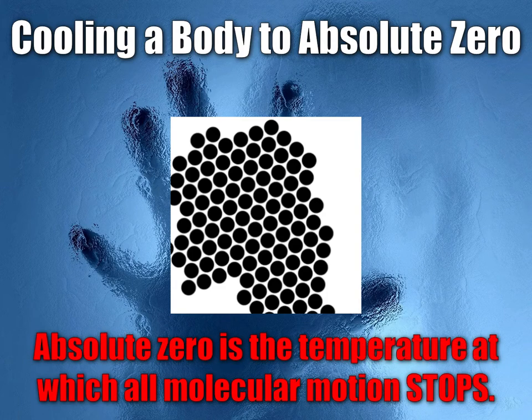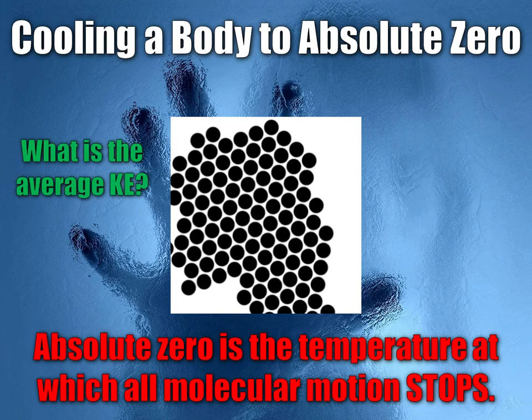Absolute zero is the temperature at which all molecular motion stops. If we're removing energy from a particle, when we've finished removing all the energy, so all the thermal energy is gone, then we've hit absolute zero. This is the coldest possible temperature. You can't get any colder or slower than not moving at all. You can't get any colder than that. That's just the end of the road.